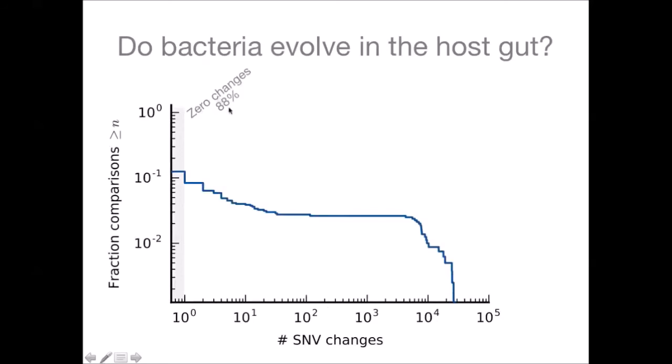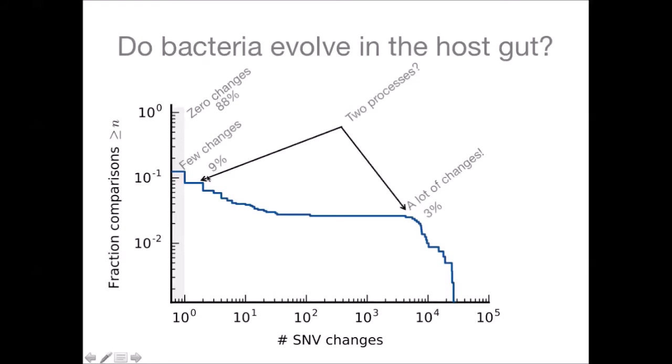our populations. So not much seems to be happening on short timescales, which is not something new, but what we did notice is that a few of these populations, 9%, have a few changes on the order of 5 or 10 SNP changes. And a lot of changes happen in just a small handful of, just 3% of our samples.